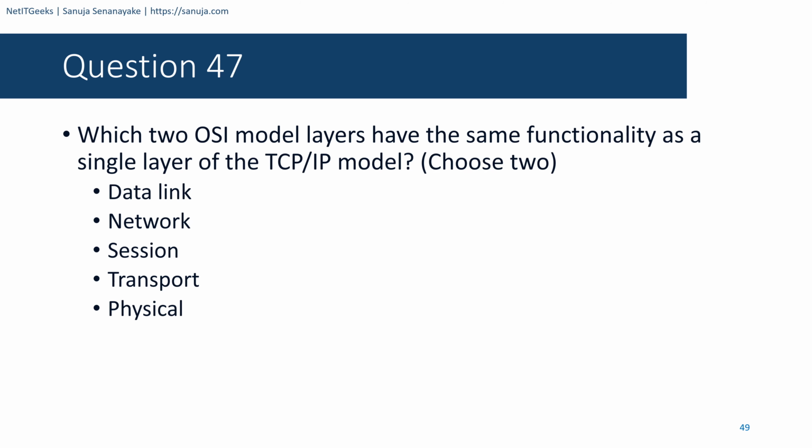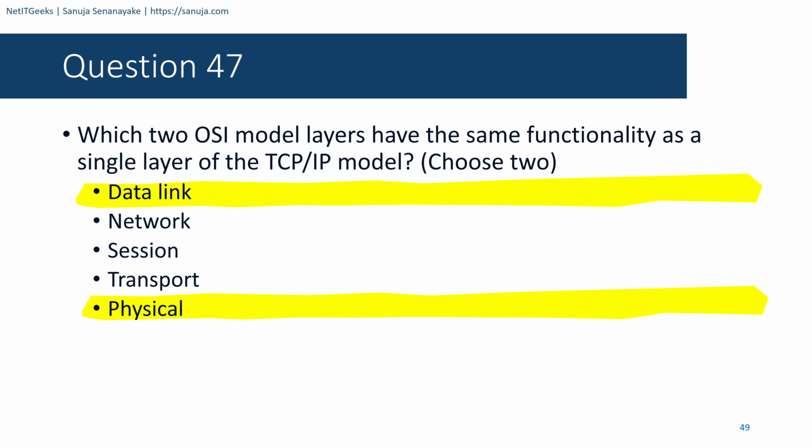If you watch my CCNA lectures, it's going to be the data link layer and the physical layer. So recall from my lectures, the OSI data link and physical layers together are equivalent to what in TCP/IP? I will let you think about it.